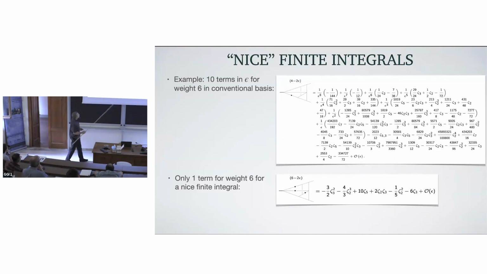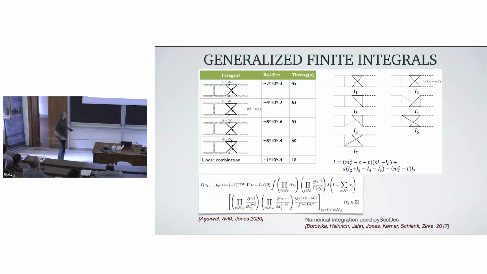And as you will notice, this is much longer, and also it involves transcendental constants up to weight 8, something which will drop out at the end of the day in your physical observable. But at this intermediate stage, you just need to expand to this order, because otherwise you don't get full weight 6 information. So yeah, this is to motivate that a good basis choice can be crucial to perform your calculation.